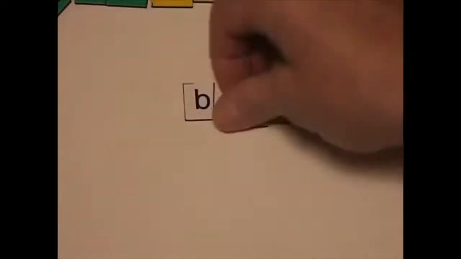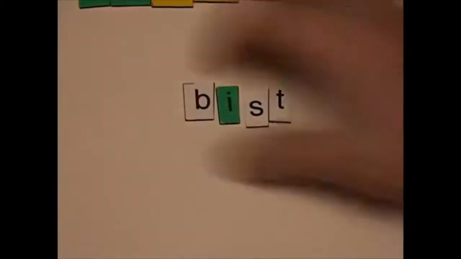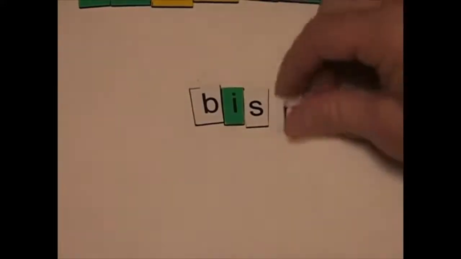Sound tracking. This is a child whose segmenting is very good, but they have difficulty with sounds. So they simply tell the sounds that change. Again, I'll say the new word and the child will echo. Bist. The child will go bist. E to I. Bisp. The child will go bisp. T to p.